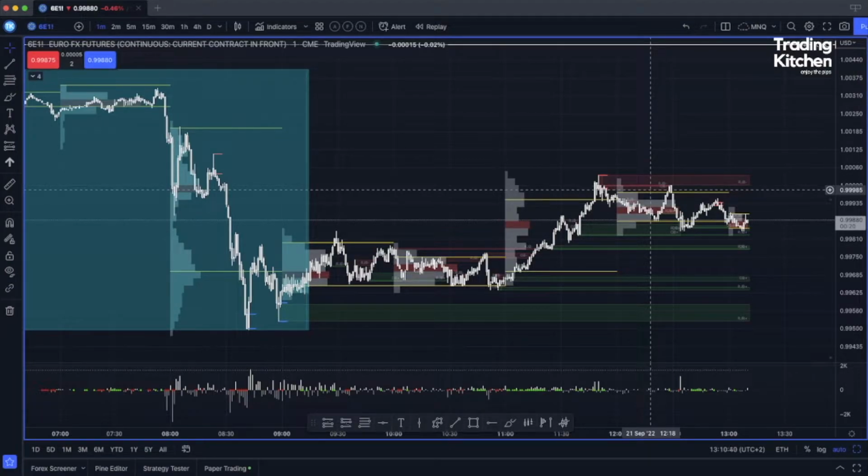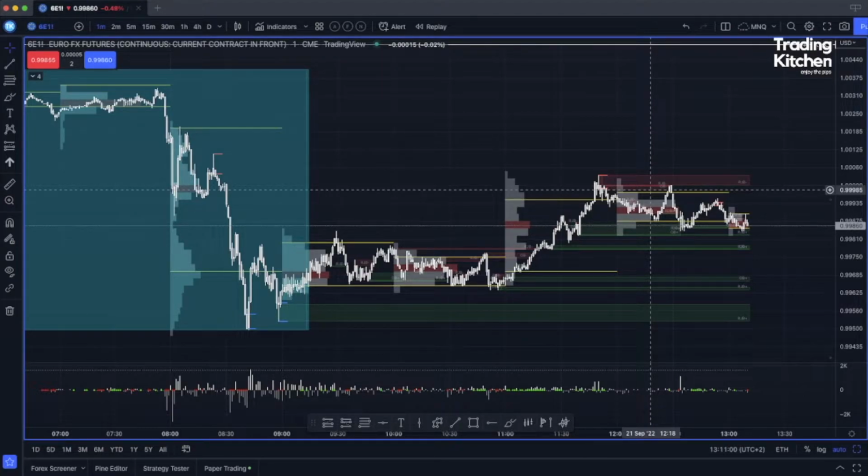So there isn't any official tool in TradingView that you can use, in spite of all the professional trading platforms.